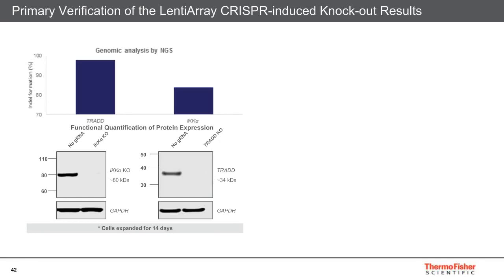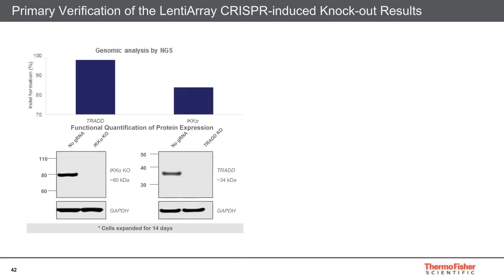Having confirmed this, we then went on to validate whether what we are seeing in the functional assay correlates with what is happening at the genome level. Here in the top plot, we have shown TRAD knocked out cells and IKK alpha knocked out cells.